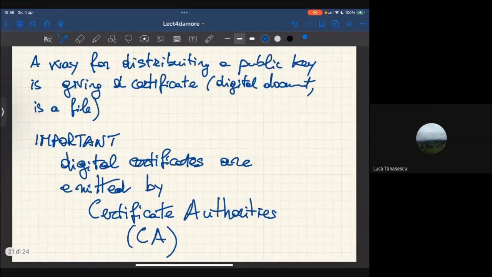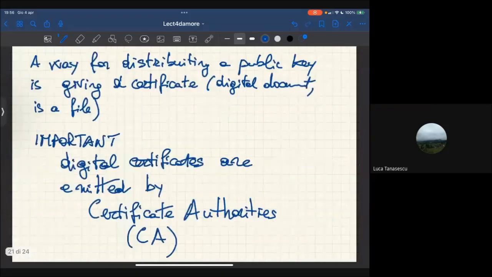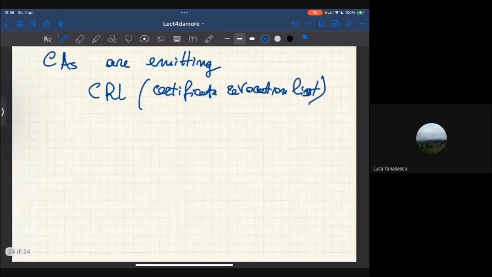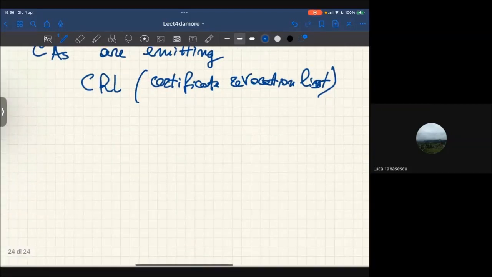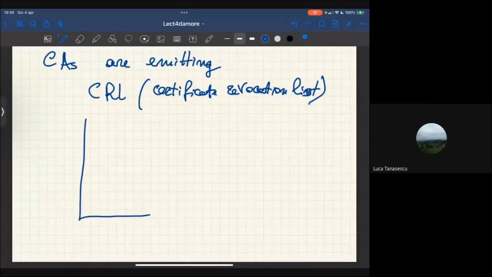Another piece of information contained in the certificate is the serial number. Every certificate has a different serial number. And the CRL is a list, again a digital document.